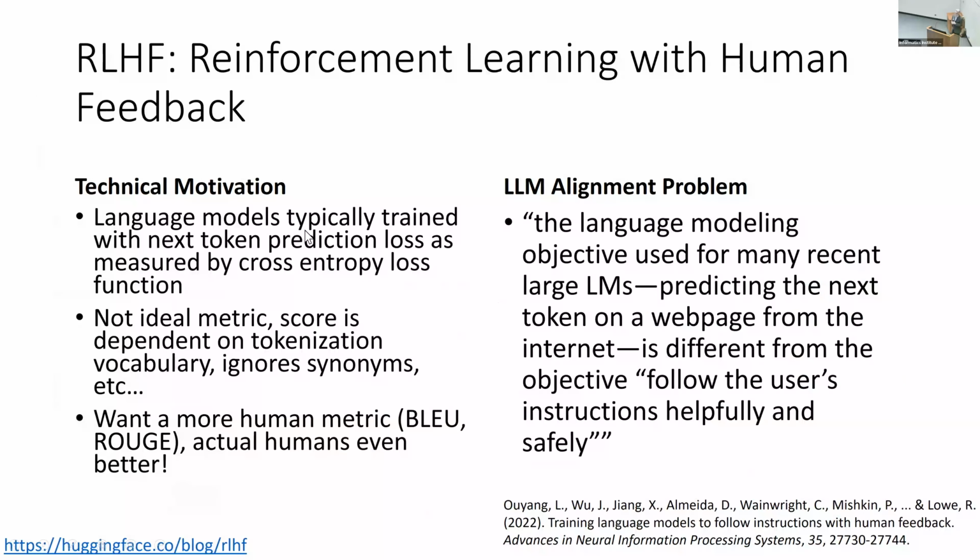Okay. So what's the motivation for all this reinforcement learning with human feedback? There's a technical motivation. When you train a language model, you're training with next token prediction loss as measured by cross entropy loss. It's not a great metric because you can have all sorts of issues with that.